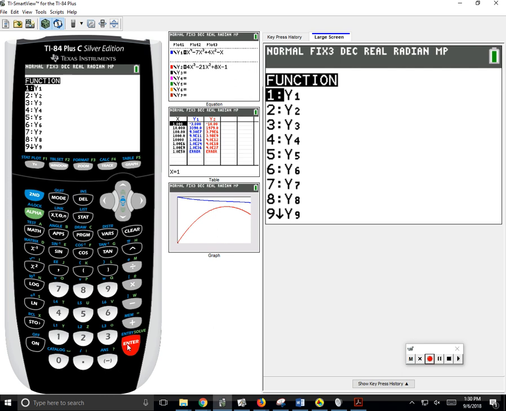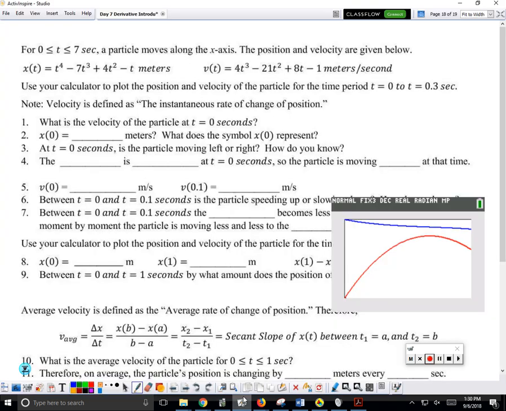Cool. Back to the handout. So the velocity of the particle at time equals 0 was -1. The units are meters per second. Find the position at time 0, please. Go.